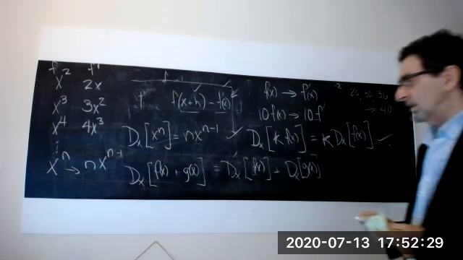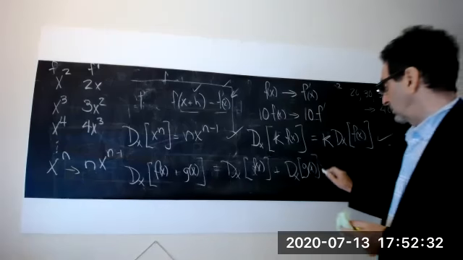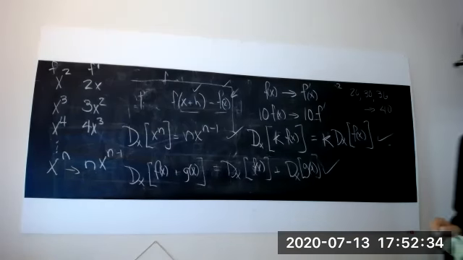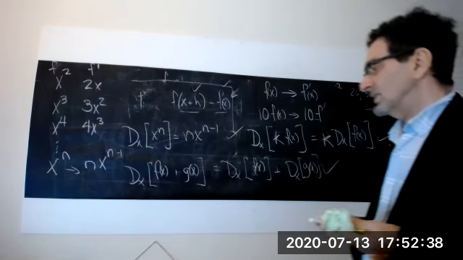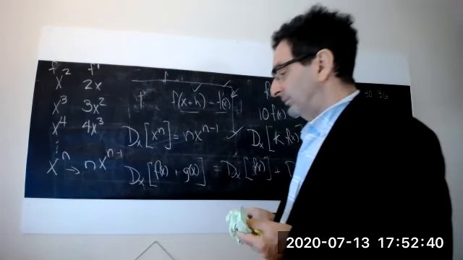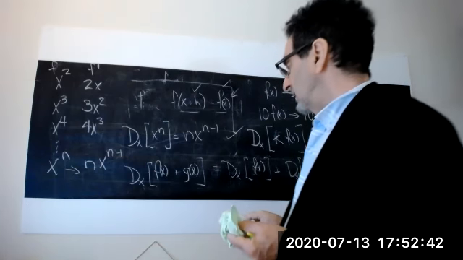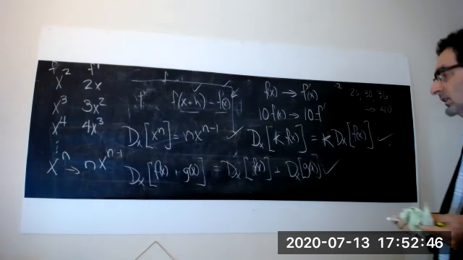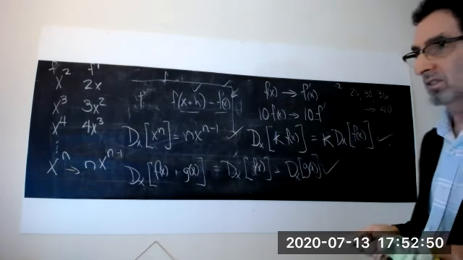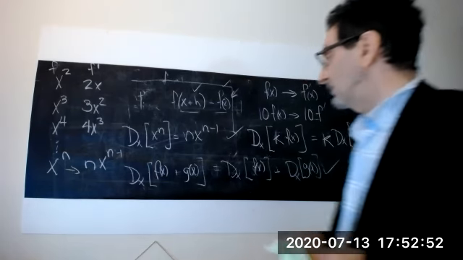So that's a third rule. And actually we have a bunch of other rules as well, and these resemble the limit rules that hopefully we talked about.